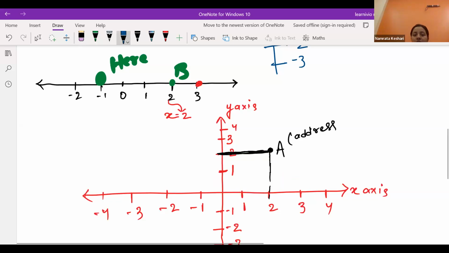Now here we will be writing the address properly. At first we write the x coordinate. In our address, the structure must be in this format. Whenever you go and drop a letter in the post office, they will ask you to write the address and everything in a certain pattern.